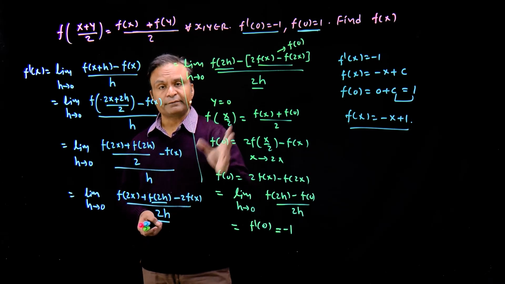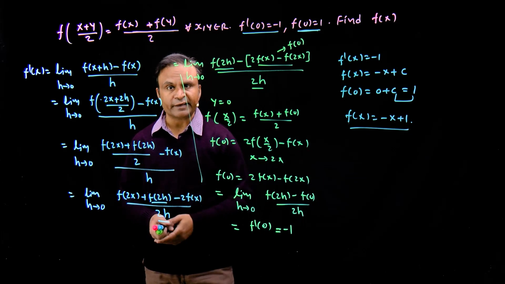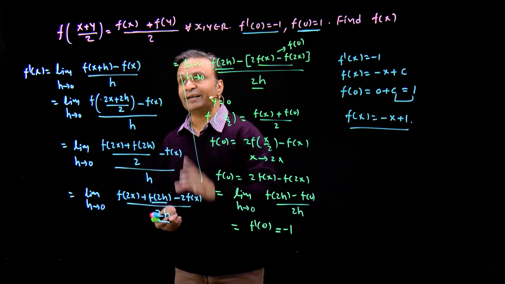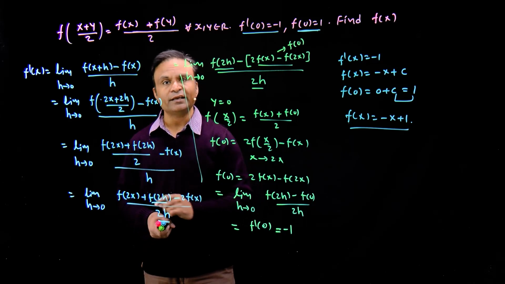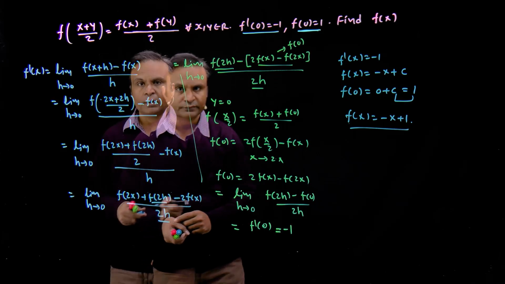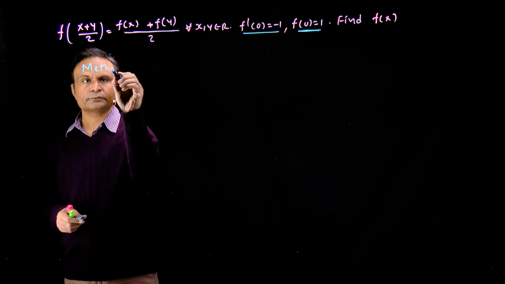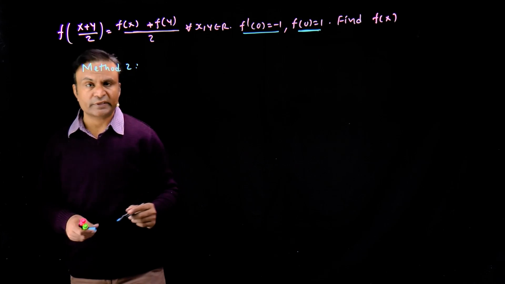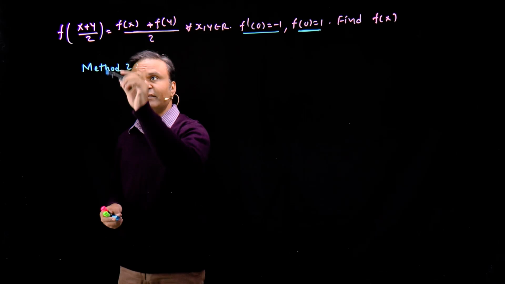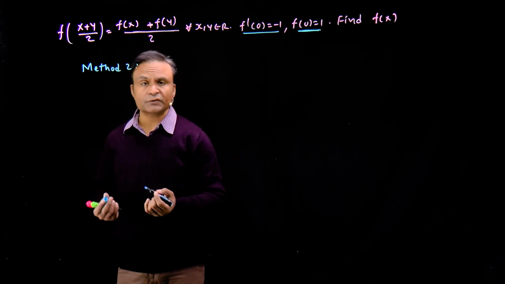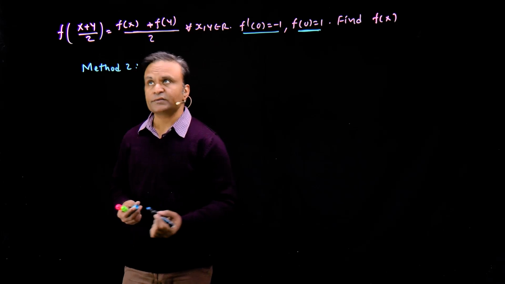Let's find function fx by second method, in which we will be directly differentiating this functional equation. Okay, so now we have method 2. Using direct differentiation, I will differentiate this functional equation with respect to x, keeping y as constant.